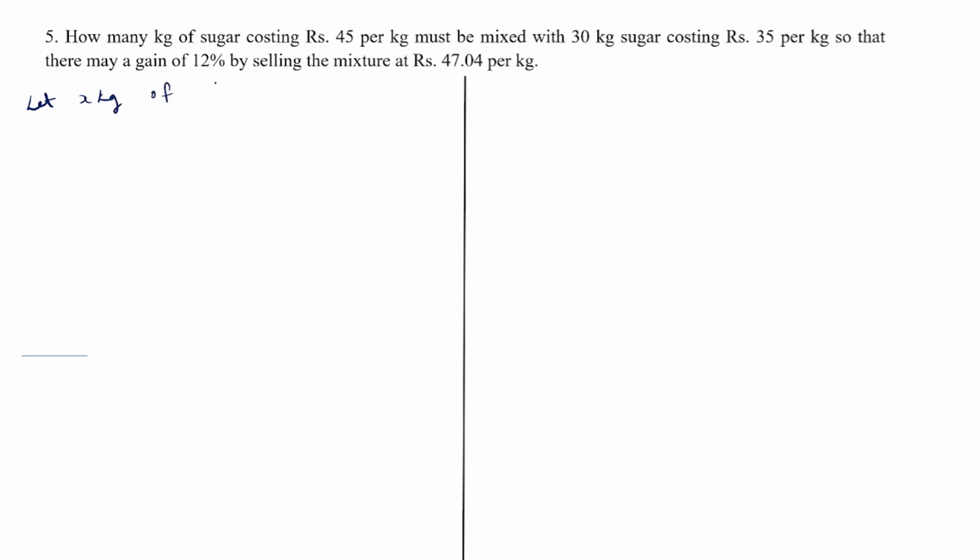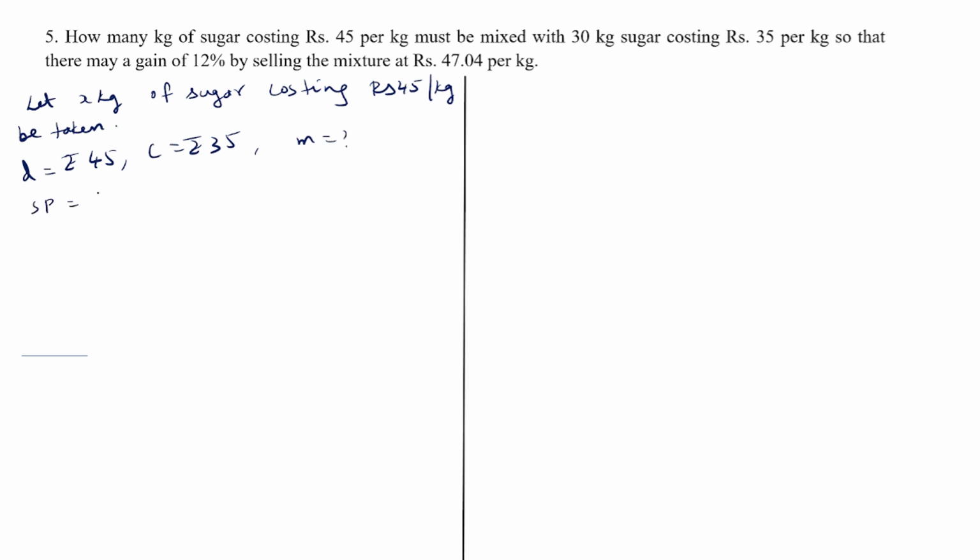So here let x kg of sugar costing rupees 45 per kg be taken. So here the cost of the dearer quantity is rupees 45, the cheaper quantity is rupees 35, and we have to find M. So again using the same formula, selling price equals cost price into 1 plus gain percentage.